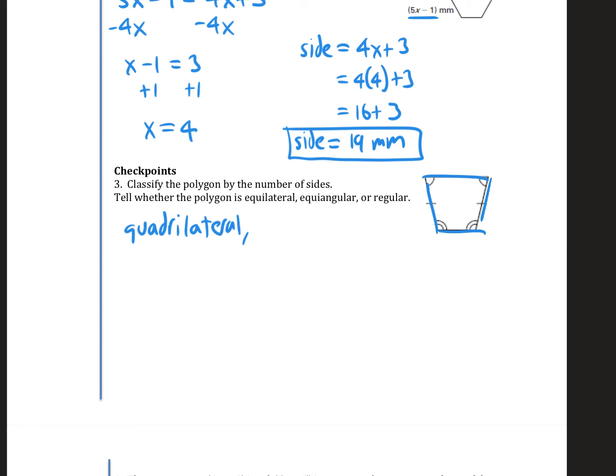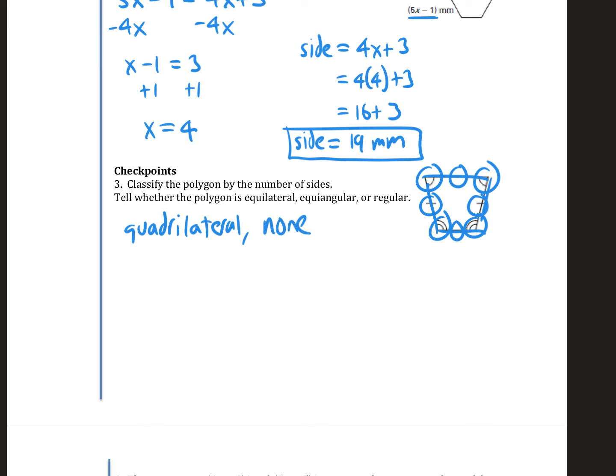And now, is this equilateral? Are all the sides congruent? Well, these two are, but it doesn't say anything about these two, so it's not equilateral. Is it equiangular? Are all the angles congruent? Well, no, this angle is congruent to this angle, and this angle is congruent to that angle, but they're not all congruent. It has to be both for it to be regular, so this is going to be none, okay?